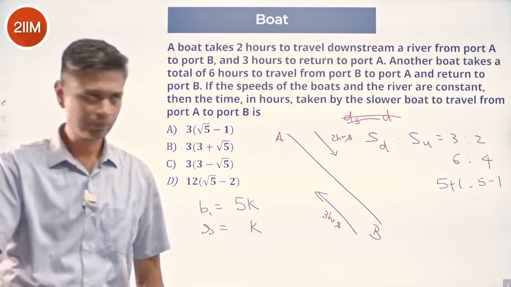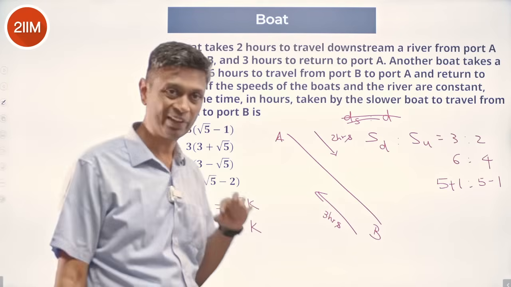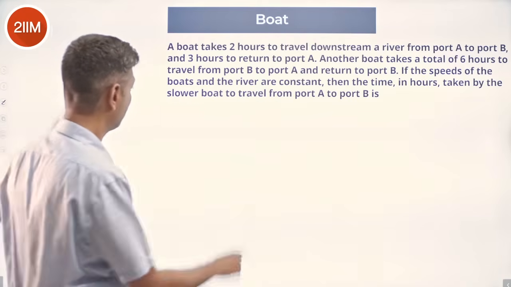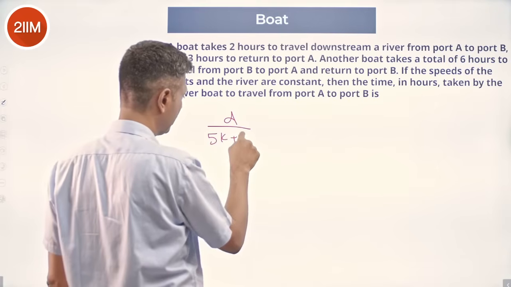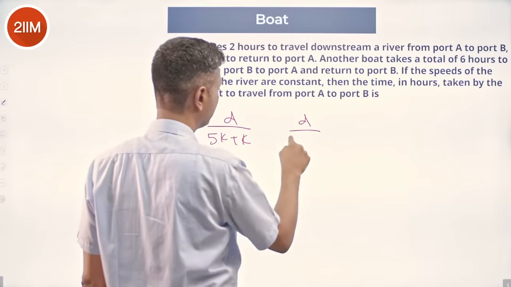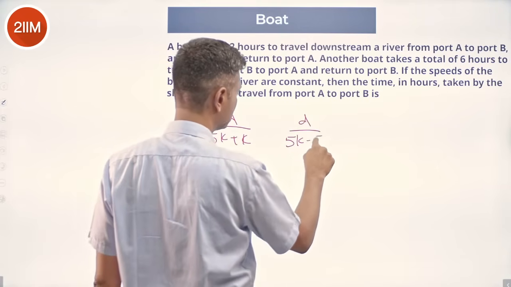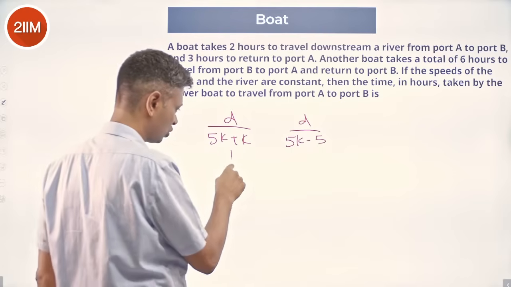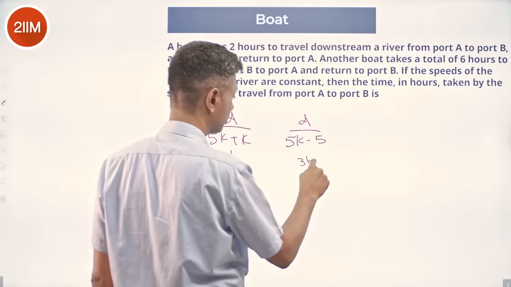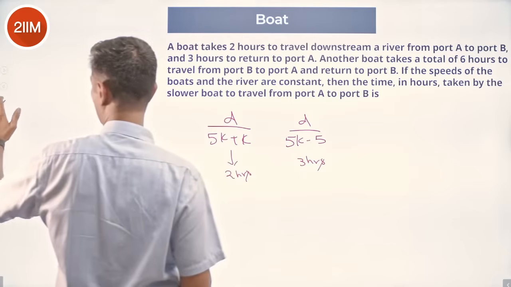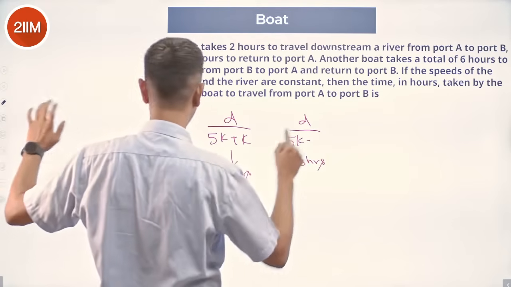Time taken should be in the ratio 2:3. The distance between these two is d, then we are told d by 5k plus k, d by 5k minus k. These are the times taken. This is 2 hours, this is 3 hours. 5k minus k, I have written 5k minus 5.